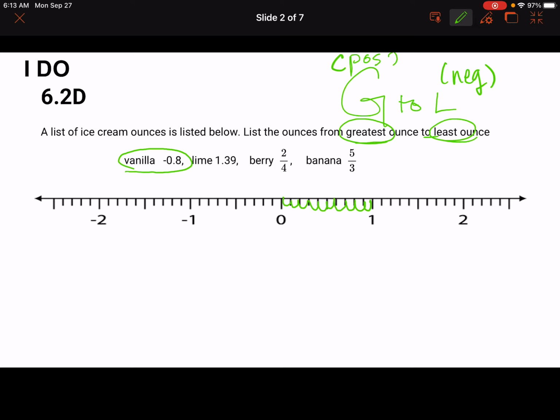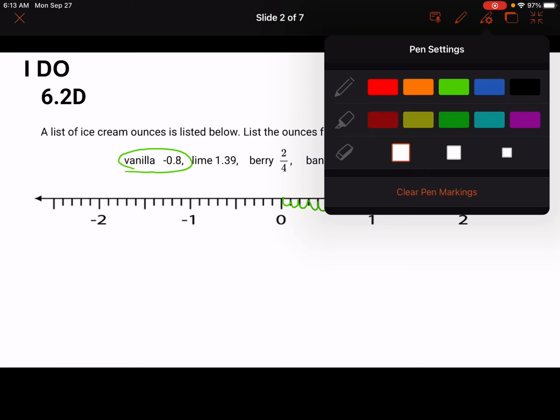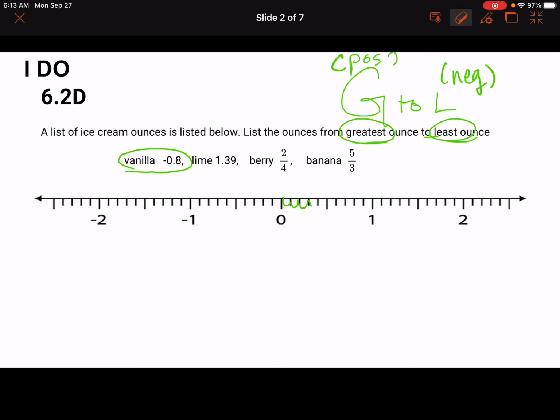Since we have 10 hops, we know that each one will be represented 1 out of 10. Remember, 1 out of 10 is 1/10. So it's also counted by 0 and 1/10. Here is the halfway mark. So we know this to be 0 and a half, or 0 and 5/10, and so on and so forth.